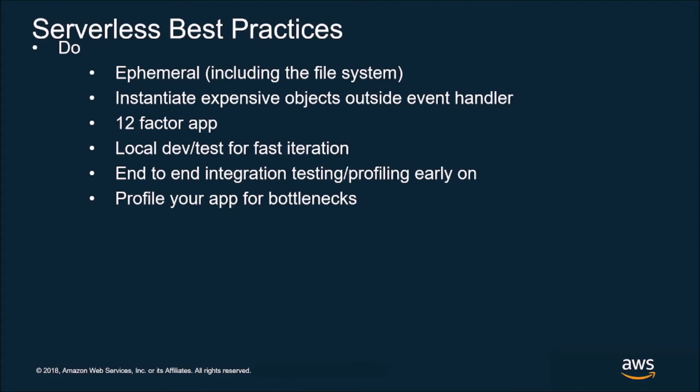Profile each part and make sure that you are not hitting any bottlenecks at any of these stages earlier on in your application development lifecycle. Then profile your application bottlenecks. Use standard profiling tools such as AWS X-Ray or AppDynamics, or there are Java-based profiling tools. Use them to your advantage.